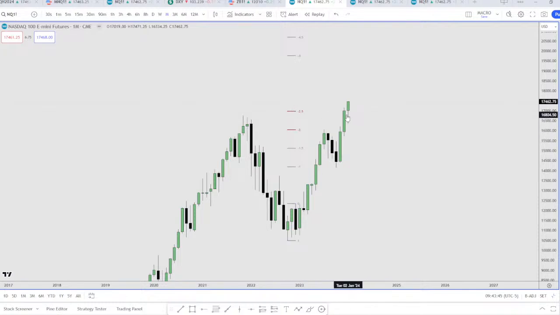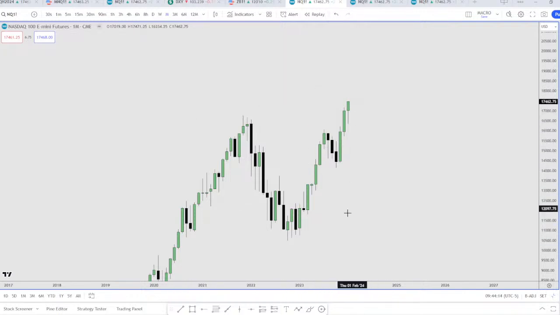We have the wick here, we have this fair value gap down here, we have these 3 bullish order blocks. Okay, and then we have a breaker. So lots of confluence for the price to go higher if it's able to close above 2.5 standard deviation, right?